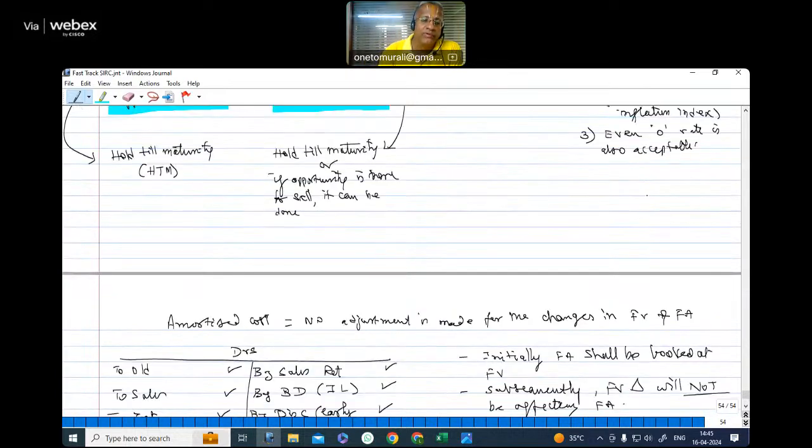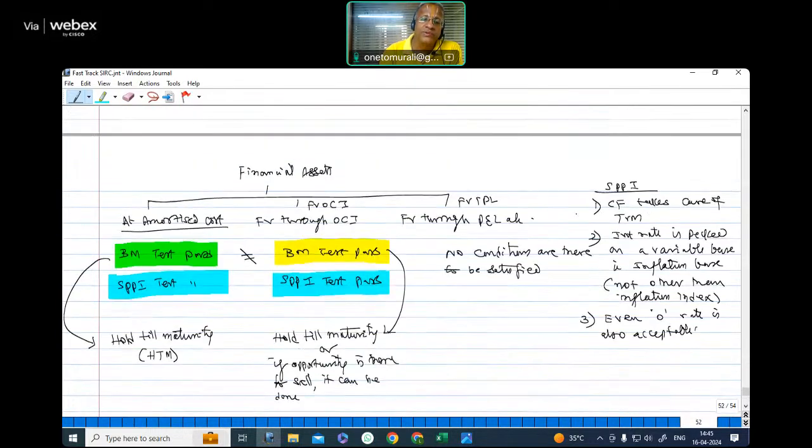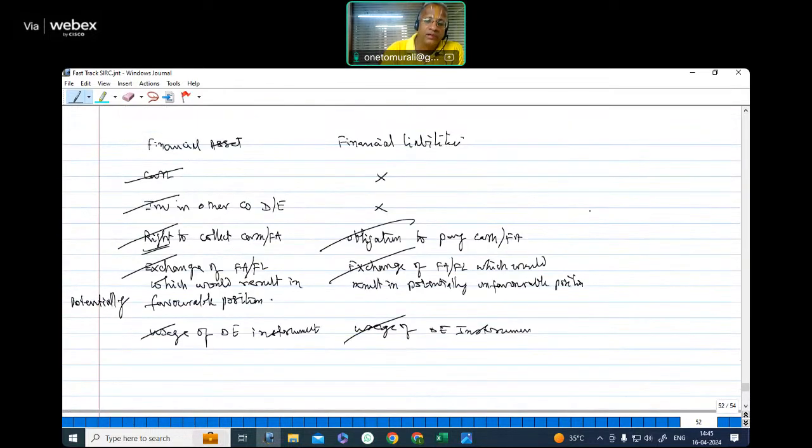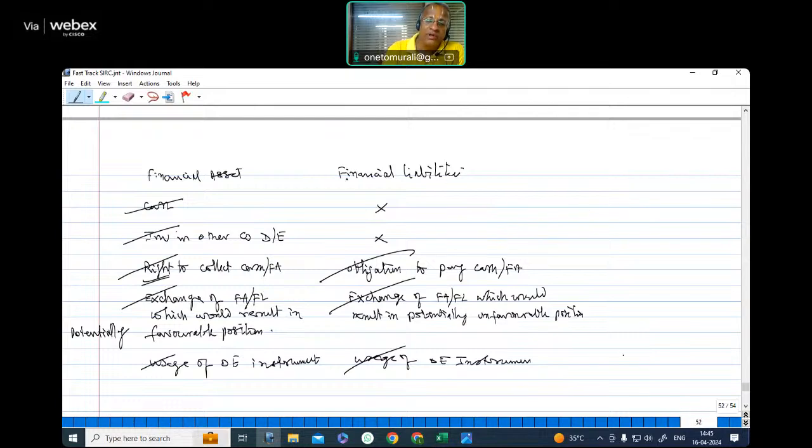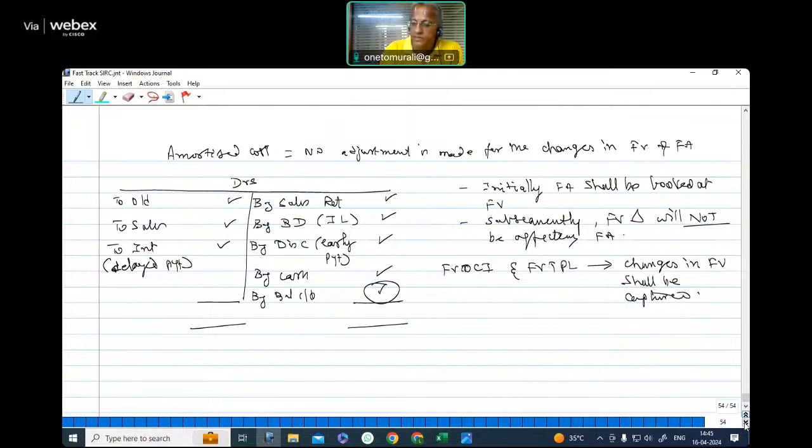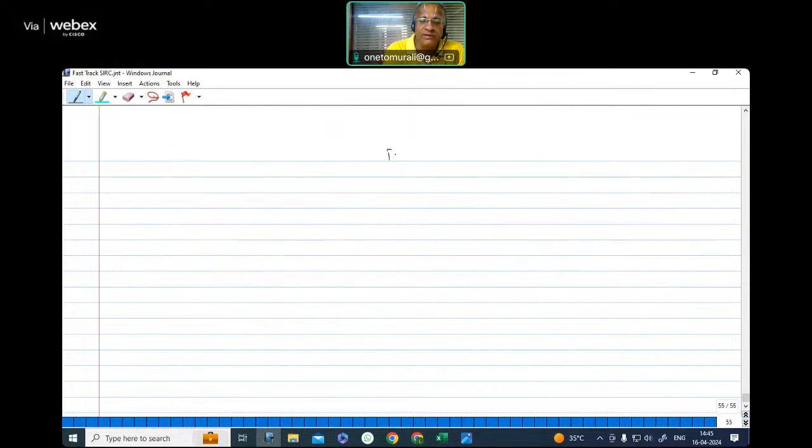Now, we were talking about financial assets only. Now, let us just take up financial liabilities. What is it we are expected to do in the case of financial liabilities? Financial liabilities are classified into two. One is amortized cost.